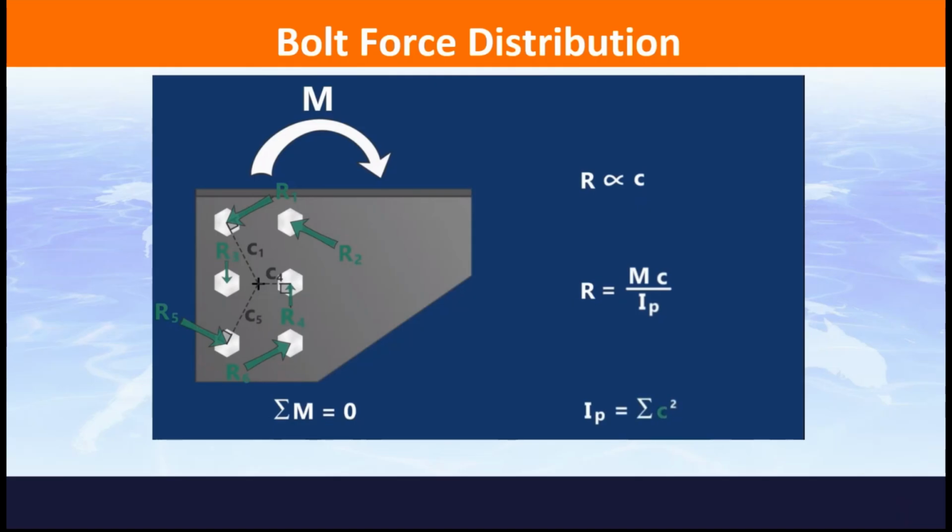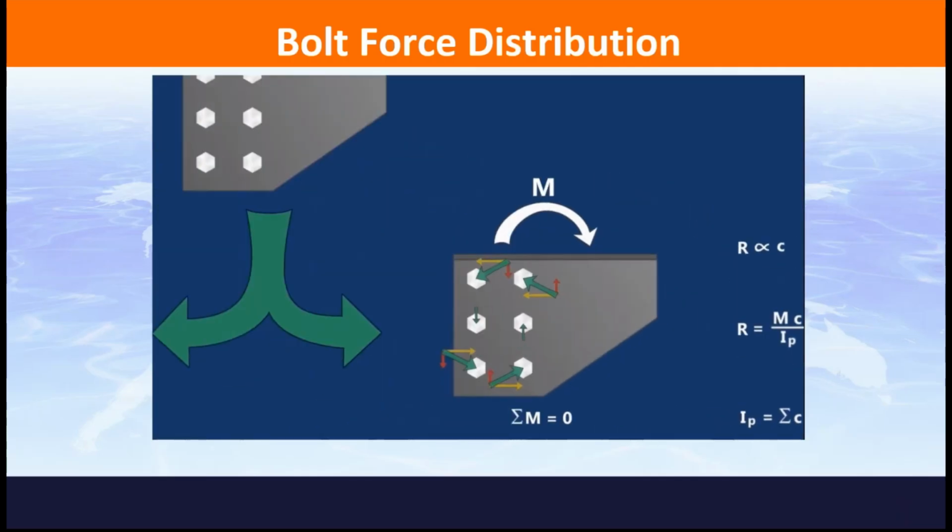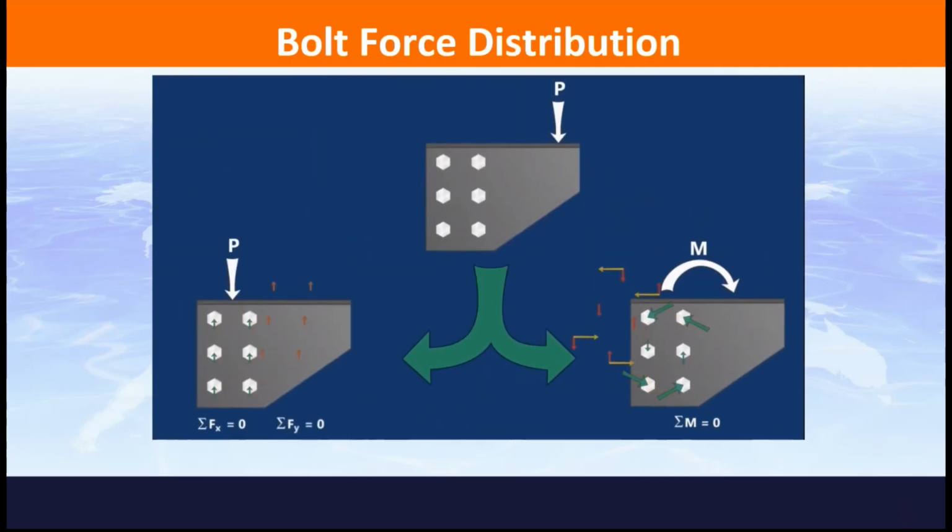Ip is the polar moment of inertia. And you can simply get that from the sum of the squares of the distances. Now you're cheating here because you're using the parallel axis theorem by ignoring the A values, the areas. And once you've done that, you combine them all together.